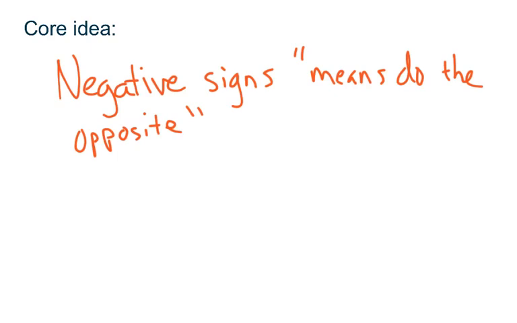So if we keep that in the back of our mind, negative signs mean do the opposite, that's going to help out a lot with adding and subtracting negative numbers. So let's take a look at some examples.